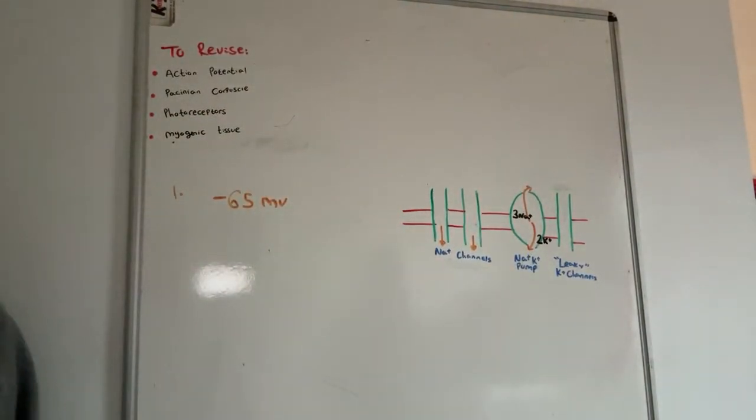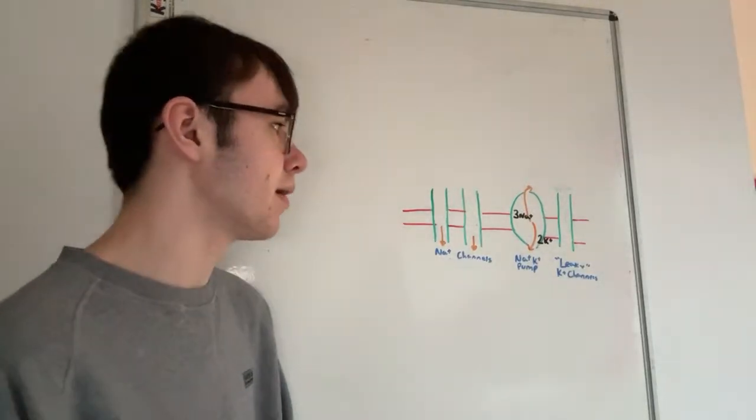So, the first bit. The Na plus channels are closed, sodium channels are closed. The potassium ions are leaking, and the NaK pump is actively transporting 3 sodium out for every 2 potassium in. So, some things to note there.